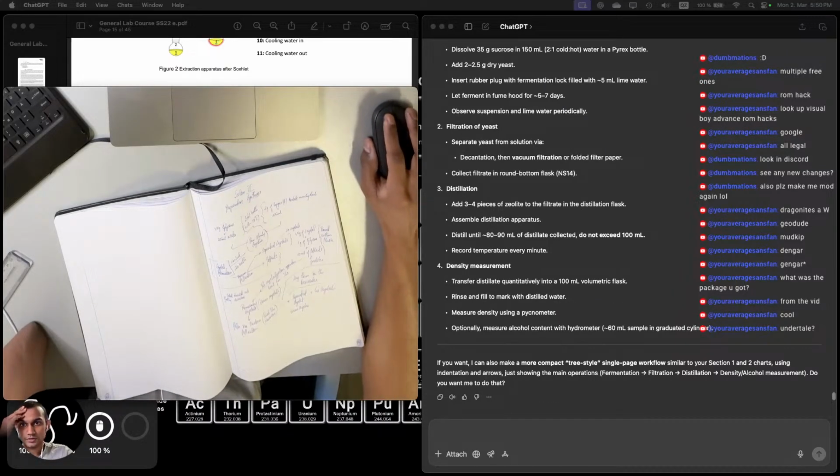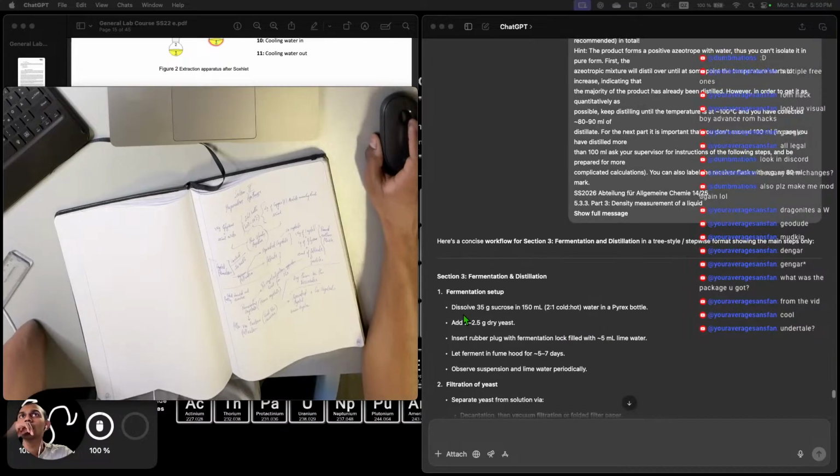Put 35 grams of sucrose into a Pyrex bottle. Dissolve it in 250 milliliters of 2:1 mixture of cold and hot tap water. Add to... what is this step?